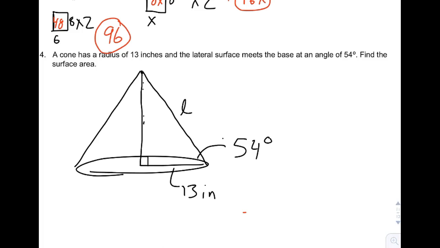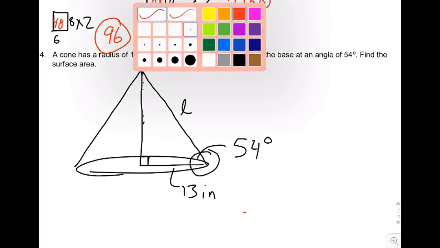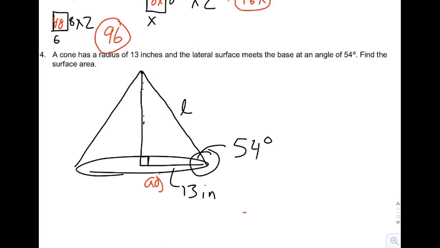And we're trying to find L. We need to find L. So we can set up using SOHCAHTOA. This is our adjacent side. This is our hypotenuse.